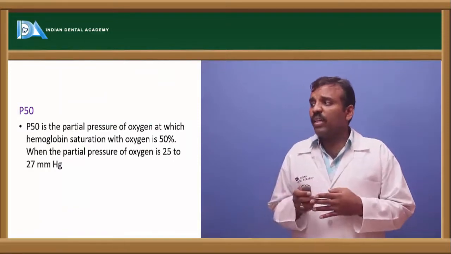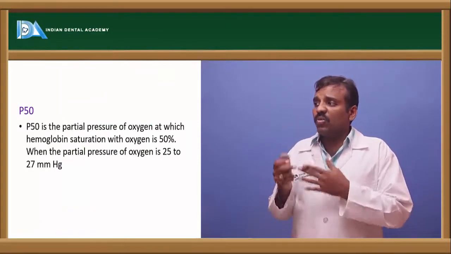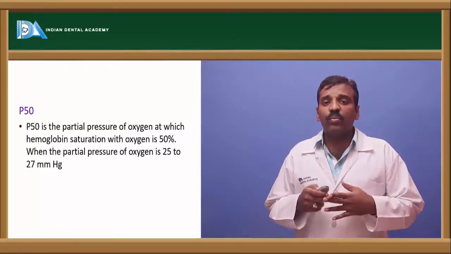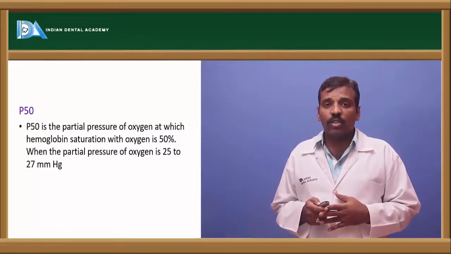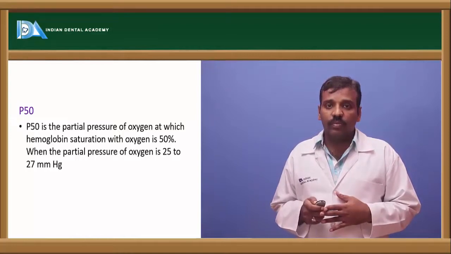That is P50, and it is about 25 to 27 millimeters of mercury.